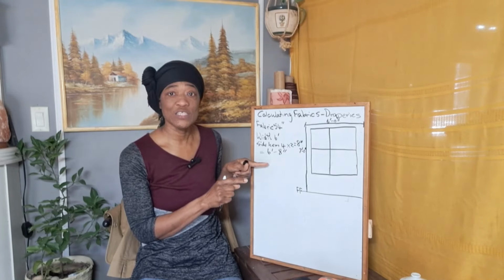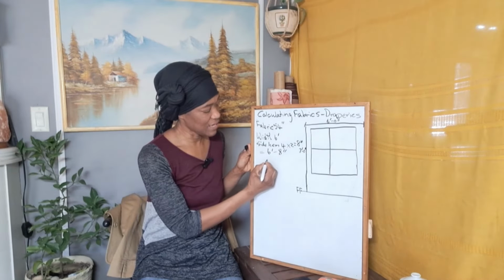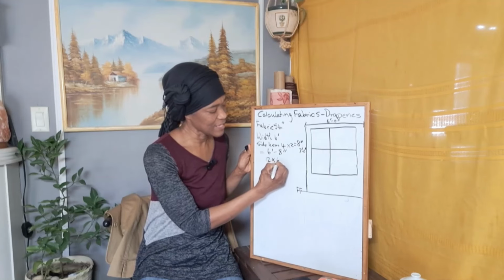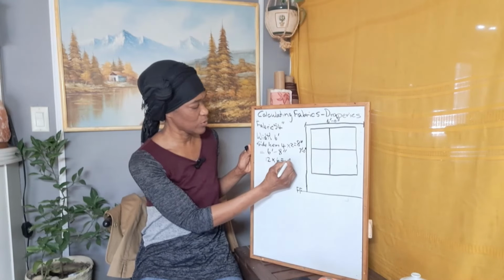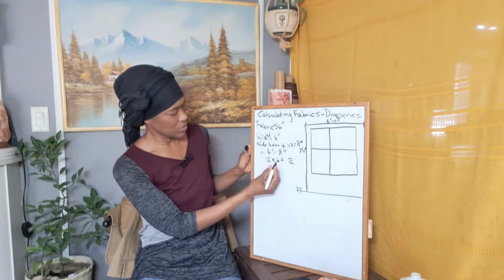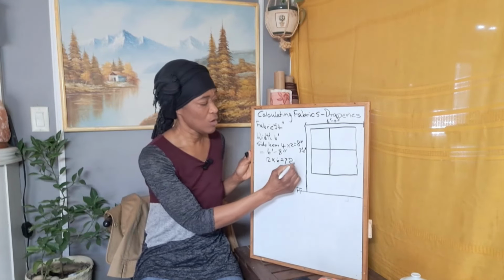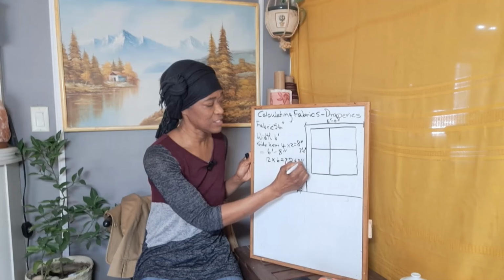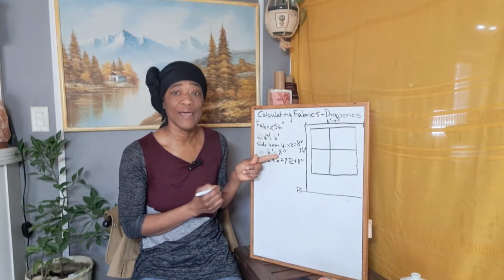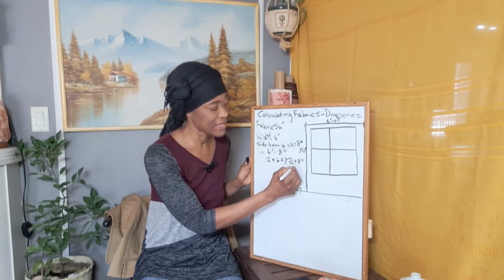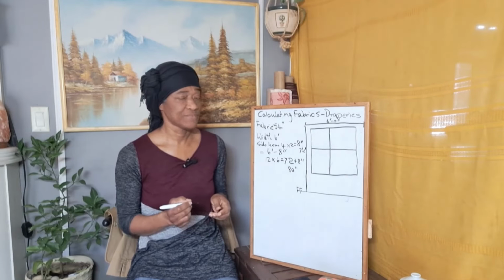There are 12 inches in a foot, which means that we multiply 12 by 6, and we get 72. So 6 12s are 72 plus 8 inches, which is the double hem for the sides. That's going to be 80 inches.